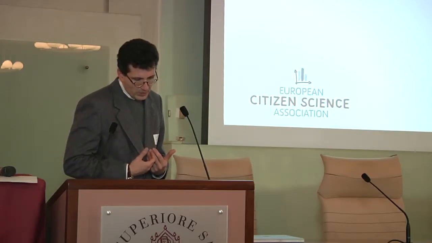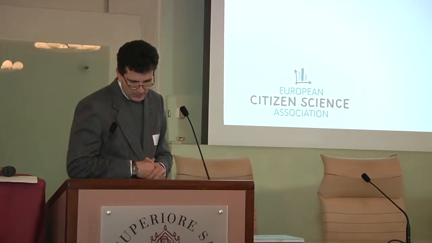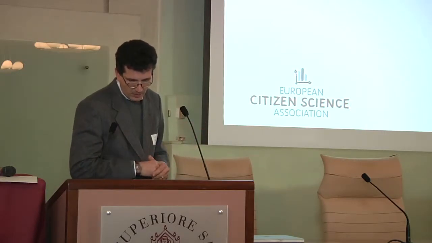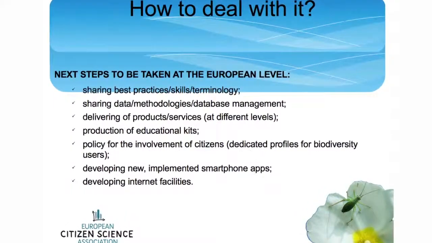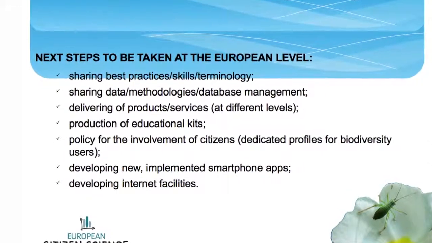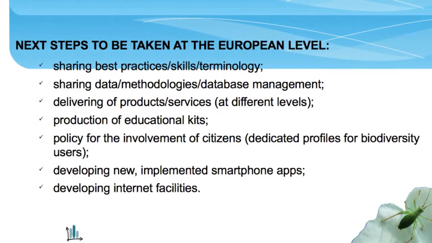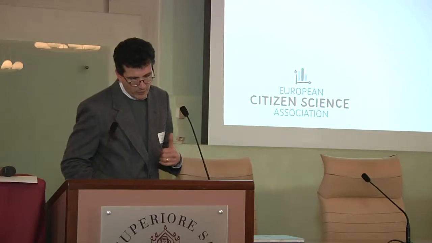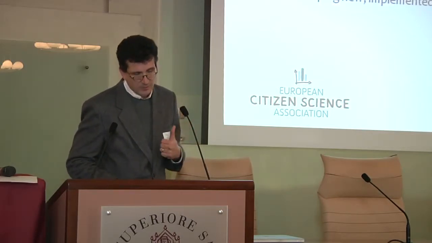What we need to do, and probably what will be followed by a new project, even with the help of COST, will be sharing best practice, skills and terminology among scientists and among different countries, sharing data, methodologies, database management, delivery of products and services at different levels, production of educational kits, policy for the involvement of citizens, and newly implemented smartphone apps.